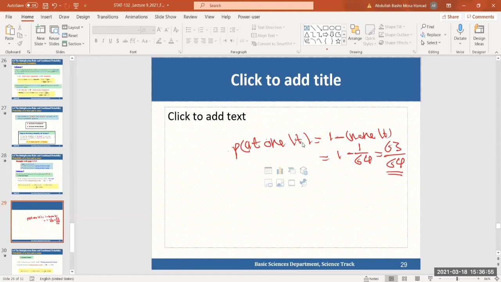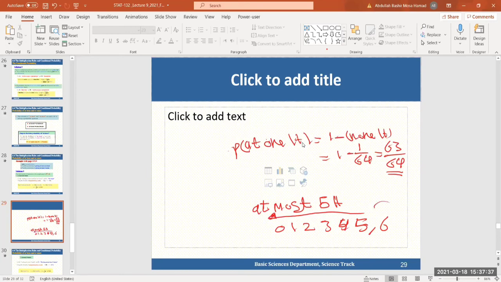Now, if we ask at most 5 H: 0H or 1H or 2H or 3 or 4 or 5 or 6. So at most means what? At most means 5 or less.